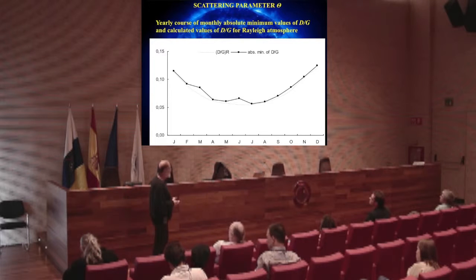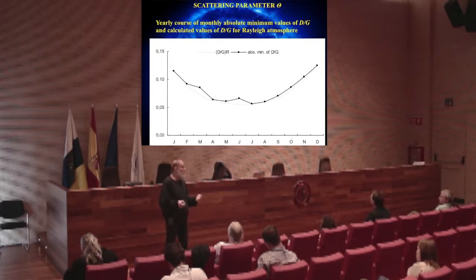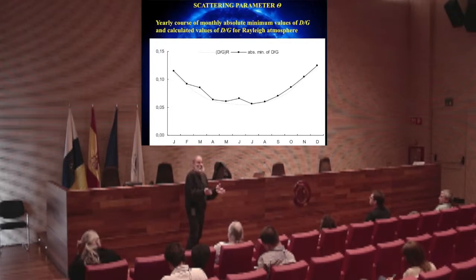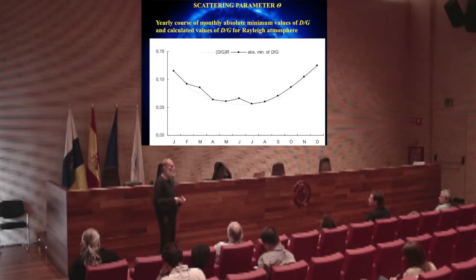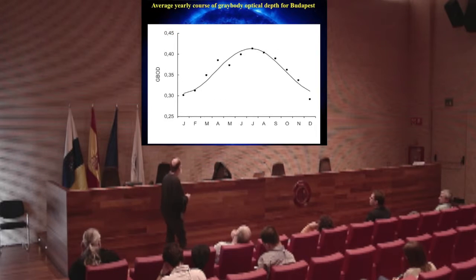And you see that in reality, sometimes, evidently very rarely, we have Rayleigh atmosphere. It is interesting because we are in a suburban area on the edge of the agglomeration of Budapest, very close to the big industrial area, and sometimes the atmosphere approaches Rayleigh atmosphere conditions very closely.